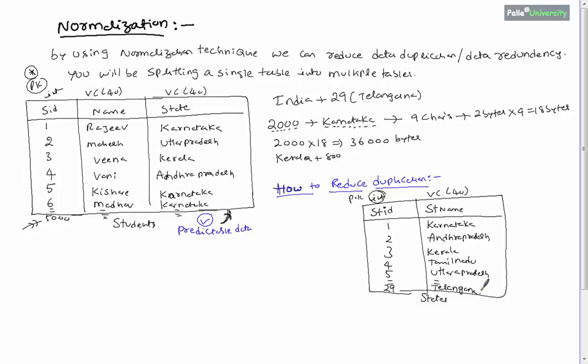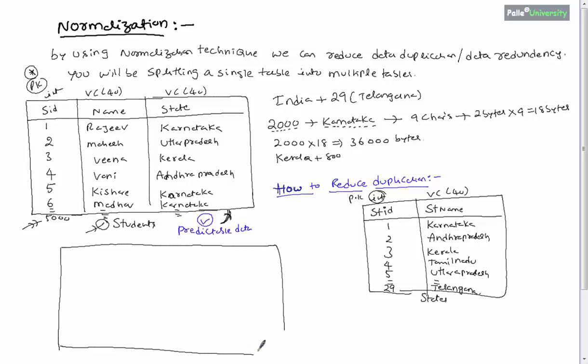Now you modify this students table. Now instead of the current table, you drop the current table and try to create a new students table. Now you try to create student ID column, name of the student column, and state column.